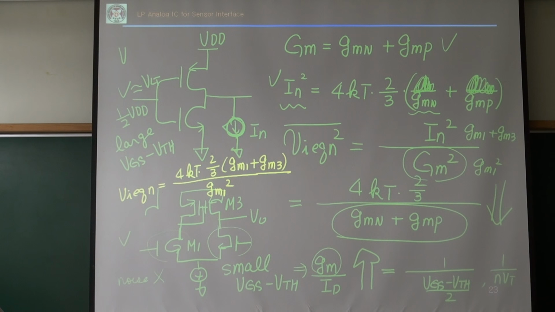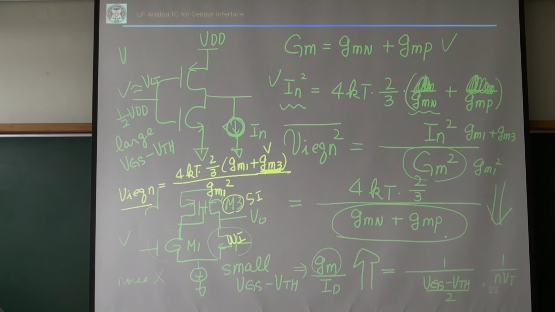Is this right? Yeah, something like that. So we try to operate this one in strong inversion and this one in weak inversion, to reduce this GM3, so as to reduce this noise.